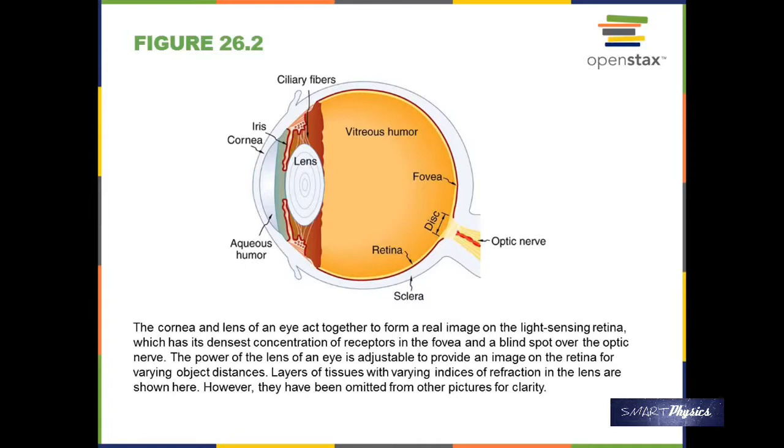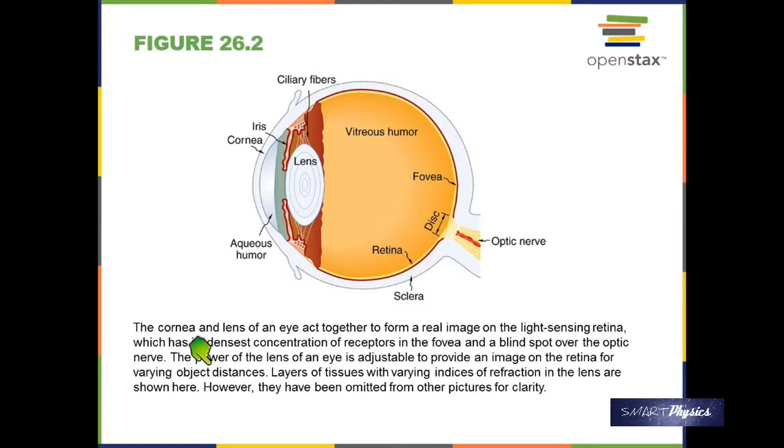Bigger, because power is the reciprocal of focal length, right? So remember, when you're looking at objects that are close, that's when the eye lens becomes thick. Thick means the focal length is smaller, which means the power is big. And when you're looking at distant objects, the eye is relaxed. Okay? So remember that.